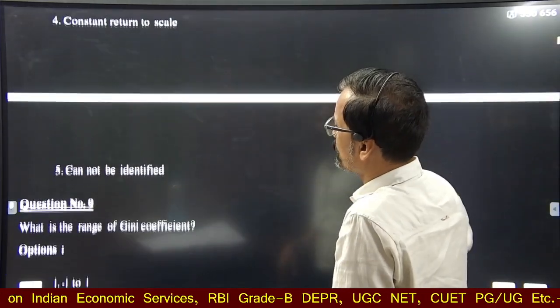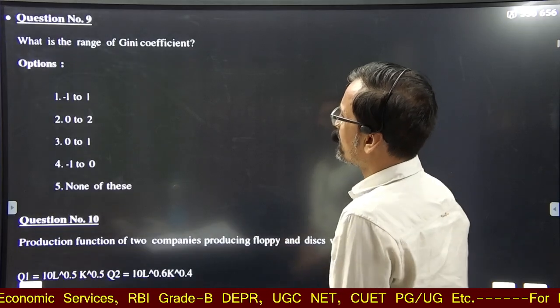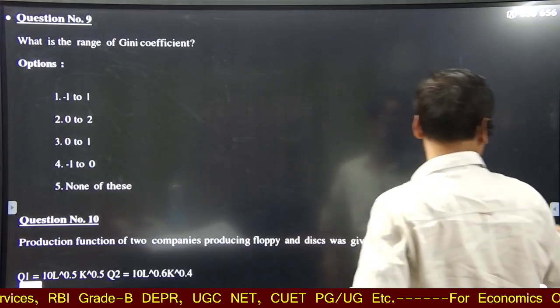Come to another question. What is the range of the Gini coefficient?